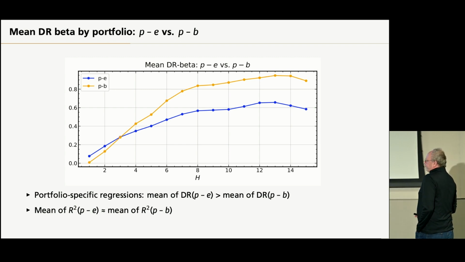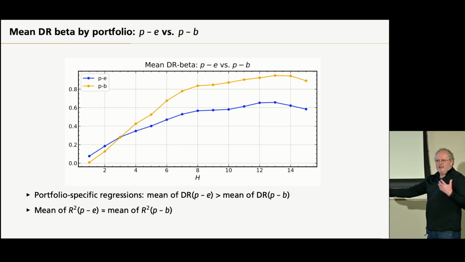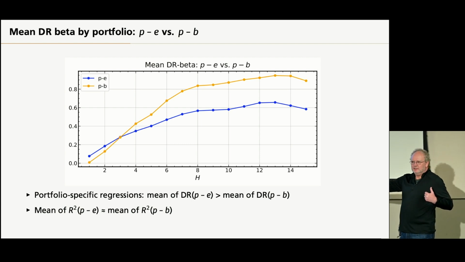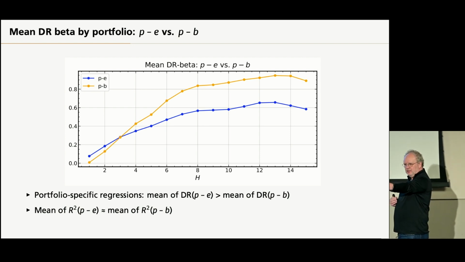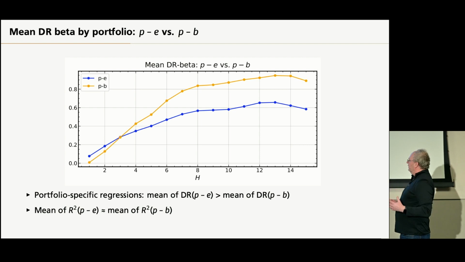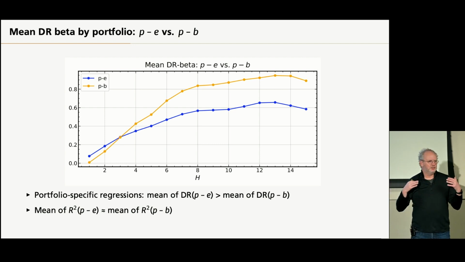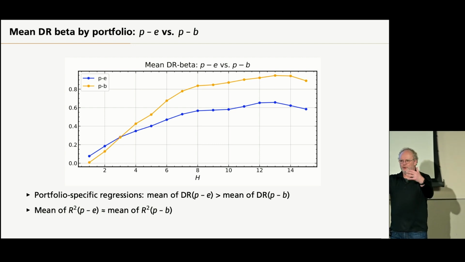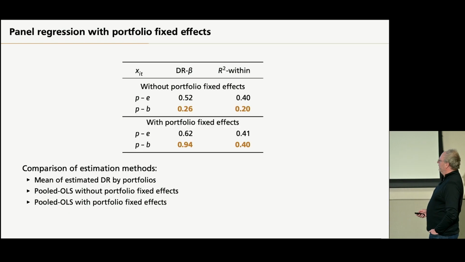So here, in some sense, we find this disconnect between the time series, when we do it portfolio by portfolio, and the cross-section, which is what Sean was saying, right? In the cross-section, we find that the discount rate beta for the price-to-book ratio is much smaller than for the price-to-earnings ratio. But in the pure time series sense, they look very much alike, okay?